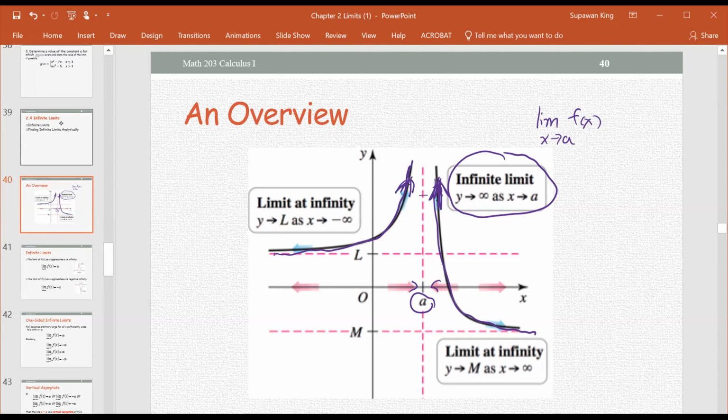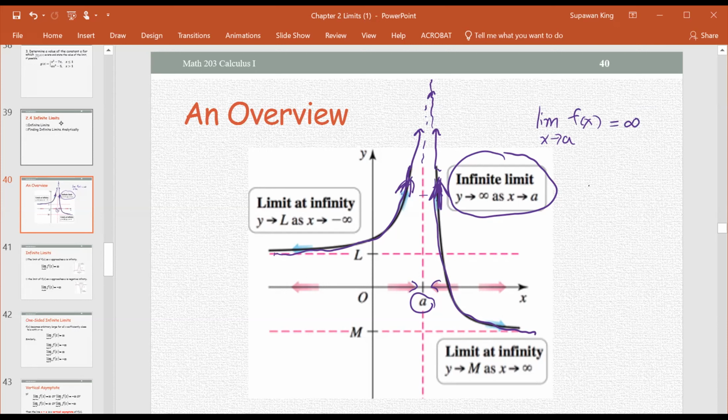The y approaches this vertical line, or if you keep going, you're going to get the curve going further up more and more. That means it goes without bound. That means the function y or the y values approaches infinity in the positive direction.